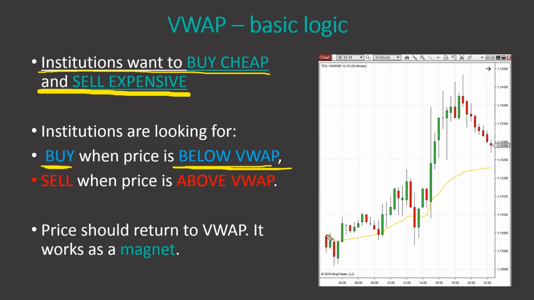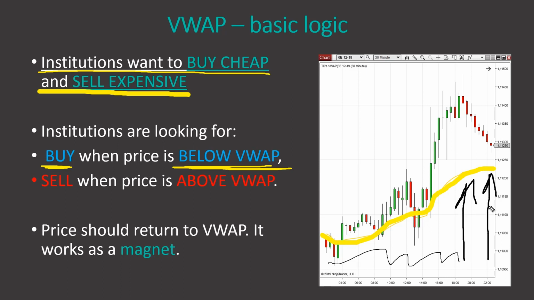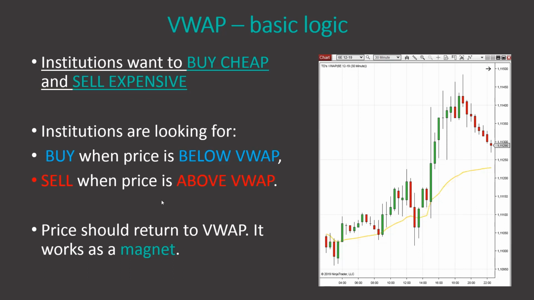So if you look at the picture, this is the VWAP. If the price is below VWAP, institutions are looking for a buy. They're looking for long trade signals. Now, if the price is moving above the VWAP, like on this picture, for example, in here, then the institutions are looking for a sell.